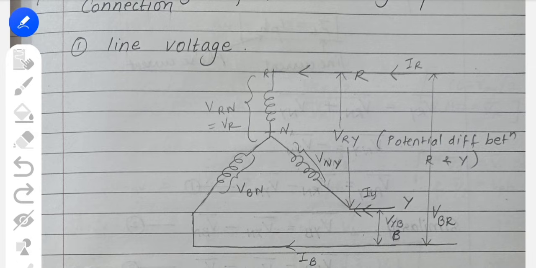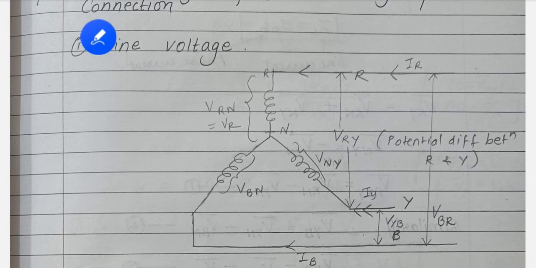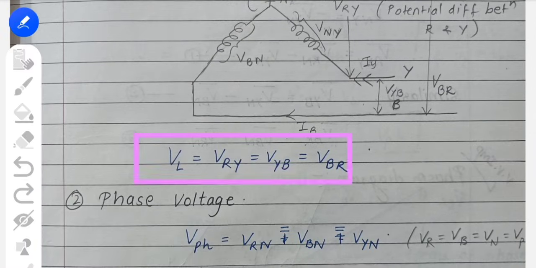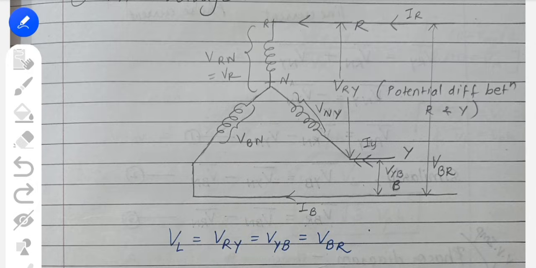So you have to draw it like this, and as I told you, you have to first mention the point of your line voltage. So first of all, what is line voltage? The voltage between any two line conductors in a three-phase system. That is your line voltage. This is the formula for that, that is VL equal to VRY equal VYB equal VBR. If you see this diagram, you can see what will be the line voltage.